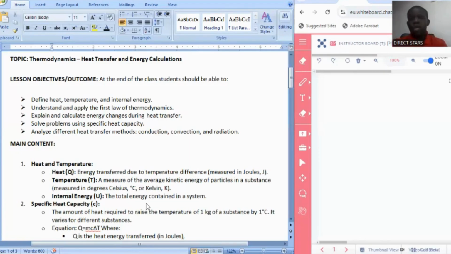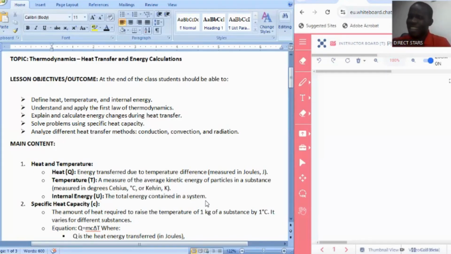Then we also look at internal energy. What is internal energy? Internal energy of a system or of a body. But when we talk about a system, we're talking about an object or a group of objects that interact. Internal energy talks about the total energy contained in a system.